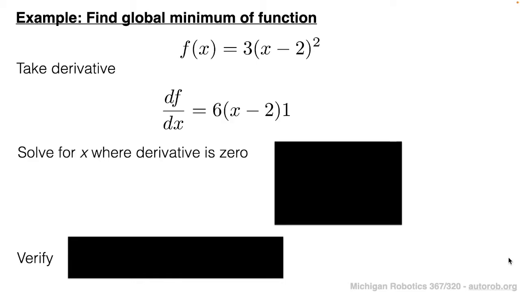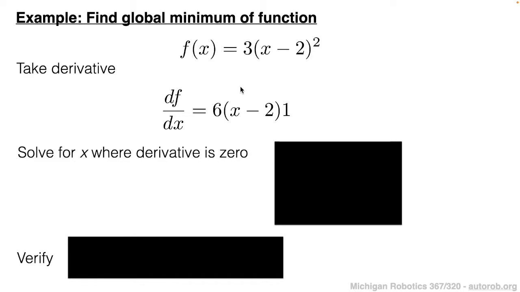The first step is to take the derivative of this function. Using the chain rule from calculus, we can solve for the derivative shown here. This df dx is going to be 6 multiplied by x minus 2, multiplied by 1. The first component is the derivative of the outer portion of this function, and then this standalone 1 is the derivative of the inner portion with respect to the variable x.